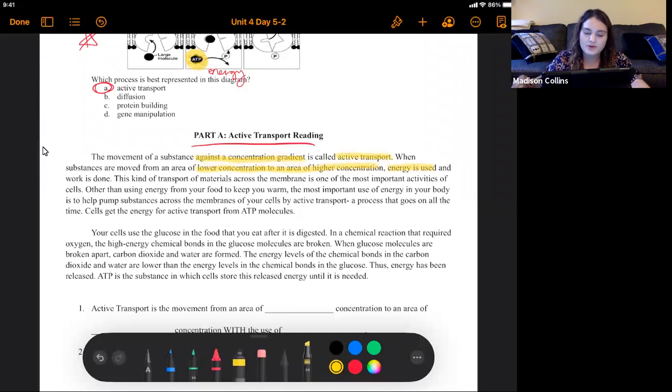This kind of transport of materials across the membrane is one of the most important activities of cells. Other than using energy from your food to keep you warm, the most important use of energy in your body is to help pump substances across the membranes of your cells by active transport, a process that goes on all the time. Cells get the energy for active transport from ATP molecules.